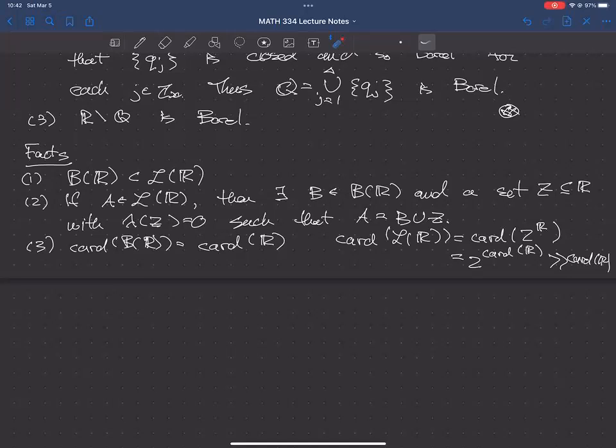All right. And so now you might wonder. Last time I said that there are subsets that are not Lebesgue measurable.